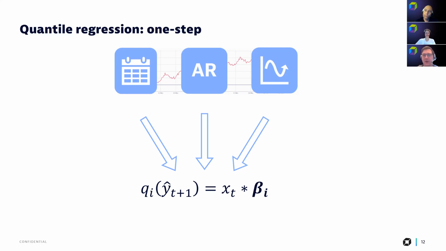And depending on how much time you bring, you can train more or less of these quantiles. And what we do is basically we only produce the forecast quantile for the next time step. So we put in our features and we get back, hey, the next time step has this quantile.